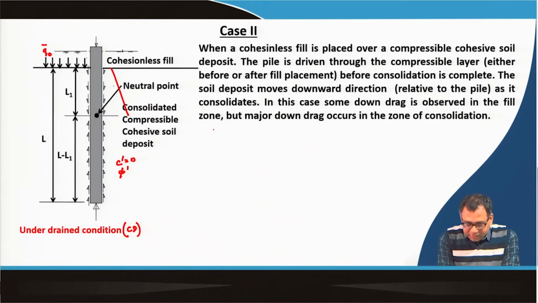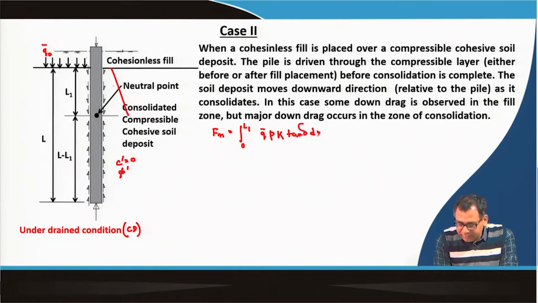So I can calculate that Fn will be equal to the integral from 0 to L1 of q bar, the effective overburden pressure, times the perimeter, times K, times tan delta, dZ. Okay, that is the Fn.